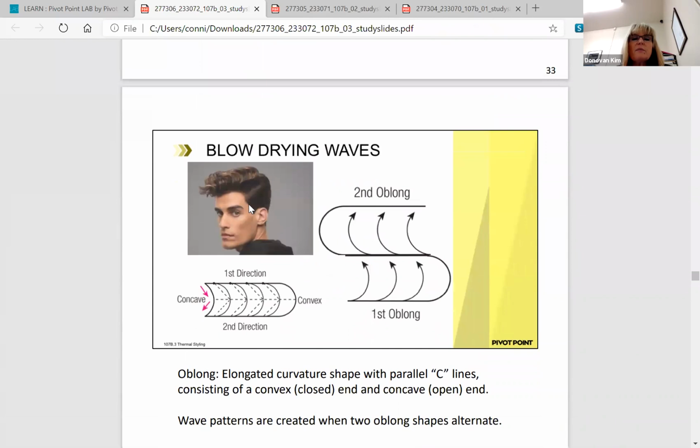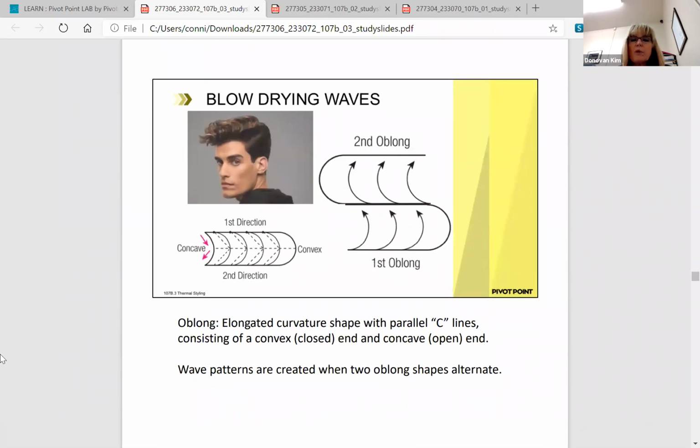You can actually put some waves in someone's hair when you're drying it. This is known as a finger wave. Finger waves are made of oblongs that are attached together, or S patterns or C patterns, depending on who you're talking to. They consist of a closed end and an open end, and wave patterns are created when two oblong shapes alternate.